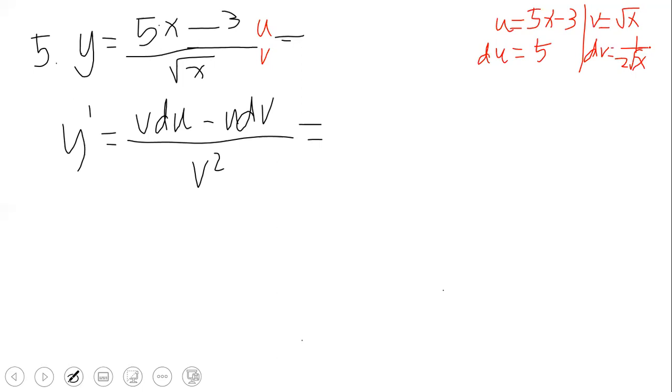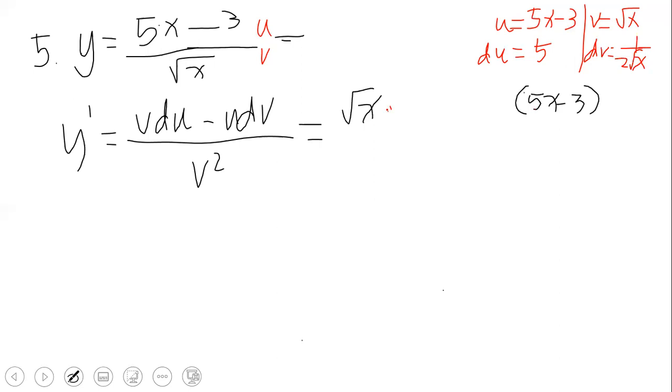So this time, apply natin differentiation process. v du, so square root of x. Tapos meron akong original function, 5x minus 3. Tapos all derivatives are color red times the derivative. So v du, the derivative of u, which is 5.